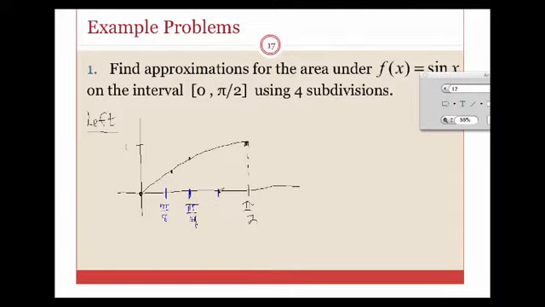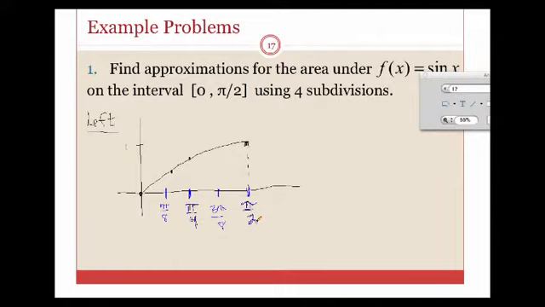The third is going to be here at 3 pi over 8. No, that's not going to be 3 pi over 4, that's wrong. And then the last one's going to end right here at pi over 2.